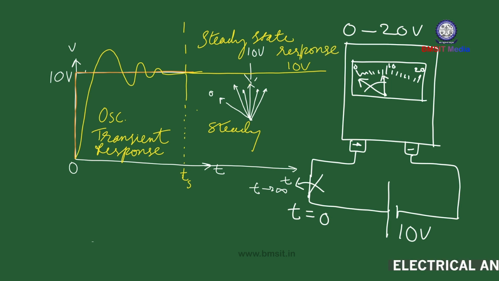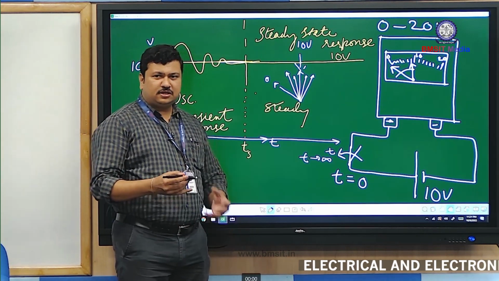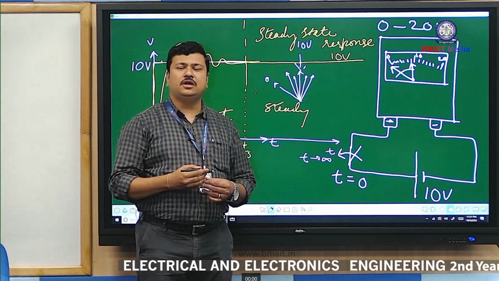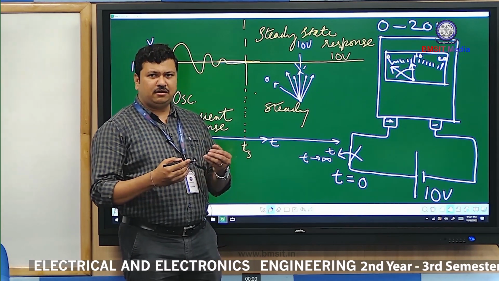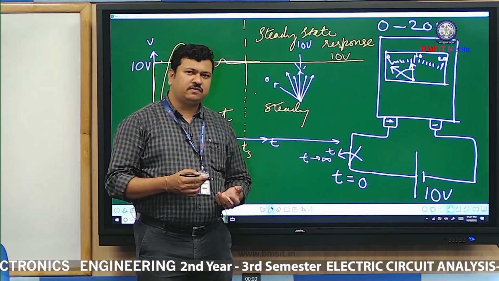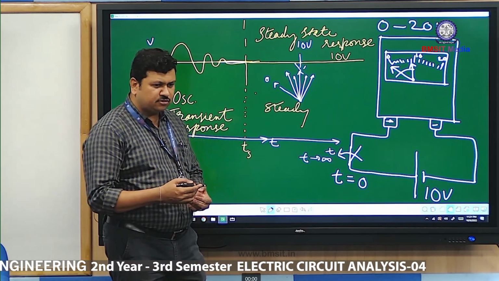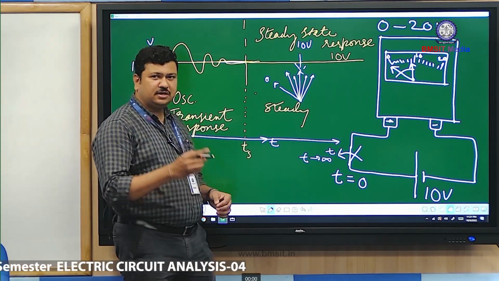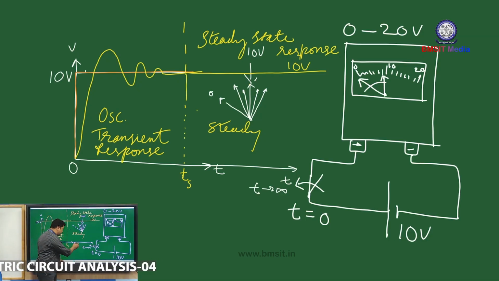Now if I collect back the things we have studied in the previous sections of your curriculum, where we applied node voltage analysis, mesh current analysis, source transformation or source shifting, nowhere in our analysis so far have we come across a quantity called time.